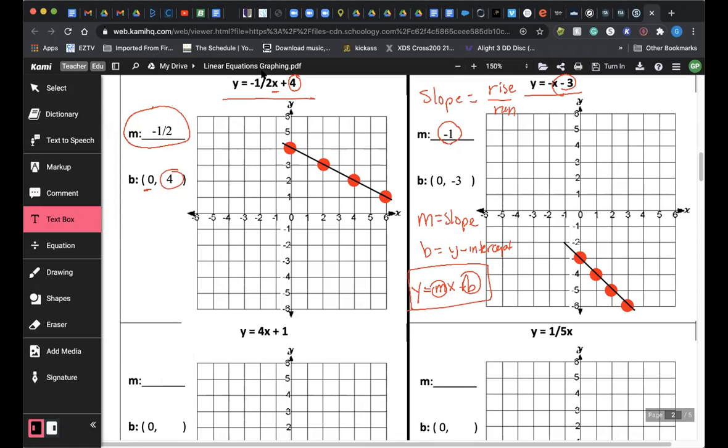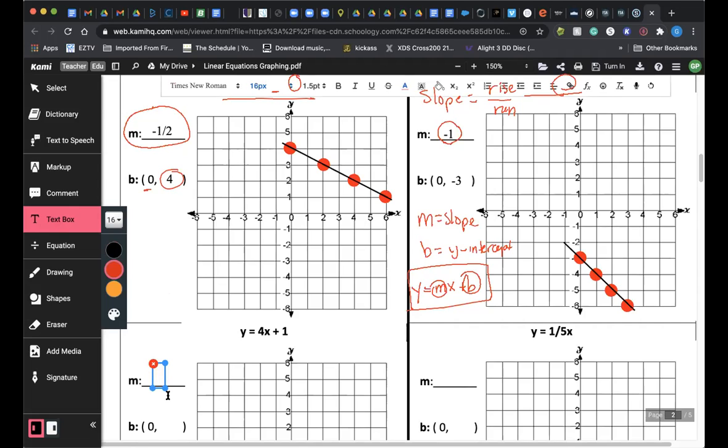Not 1/2 x. So what is the m here? Is it 4 or 4x? Yeah, 4. So m is always just the number in front of the x, right? Perfect. All right. Thank you, Marvin. So my m is 4.